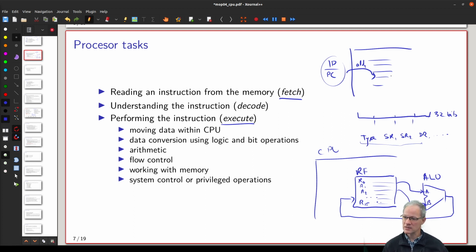And then the actual instruction is being decoded in the instruction register, IR, and then there is this instruction pointer or program counter, which is also a register somewhere there.